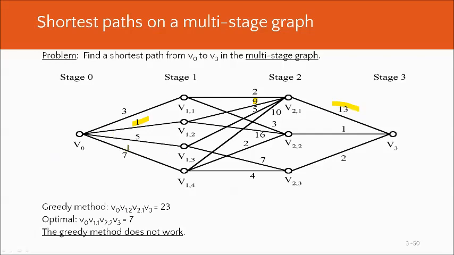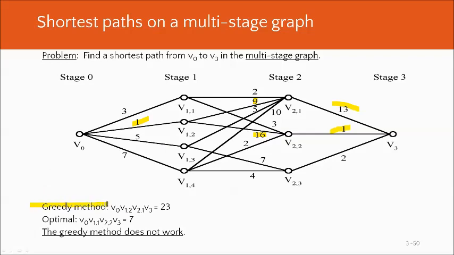You can either select another path. You can select again 1. And then next, let's say here, from V12 to V22, we need the edge, we have 16. And then we can have V22 to V3, we have 1.